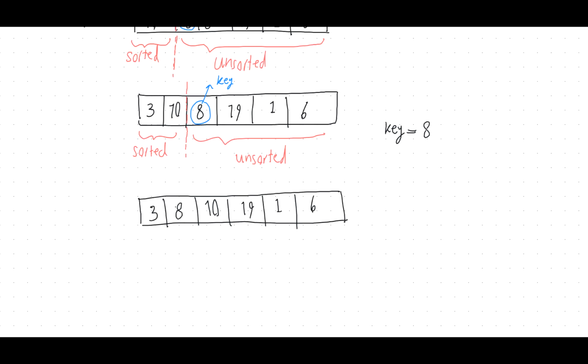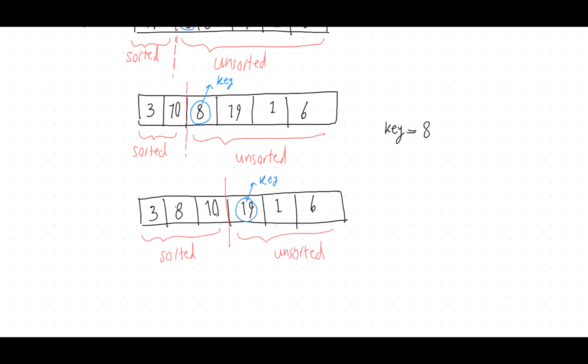Okay, so now you'll see that the sorted segment of the array is increased in size again. Now we have 3 elements in the sorted and 3 elements in the unsorted part of the array. Okay, and you guess what the rest is going to be, right? The key is going to be the first element in the unsorted part.